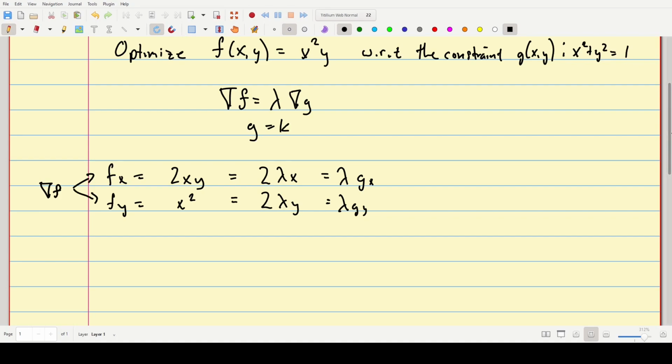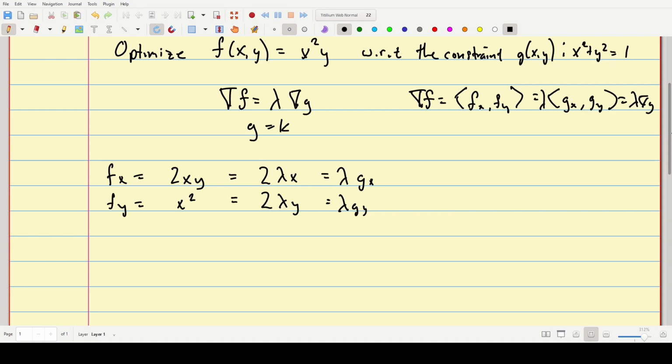I'm writing down the equations component-wise, but what I'm computing is the gradient of both of those functions. So what we're doing is constructing a system of equations. The gradient of f looks like this. We're setting it equal to lambda times the gradient of g.